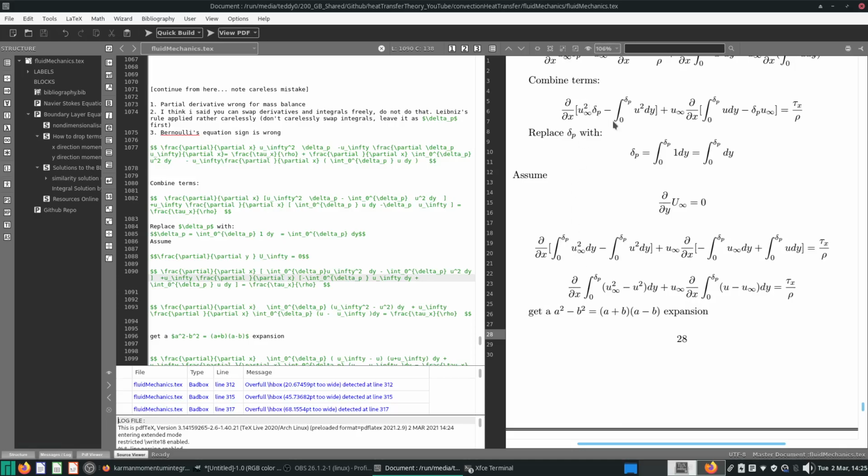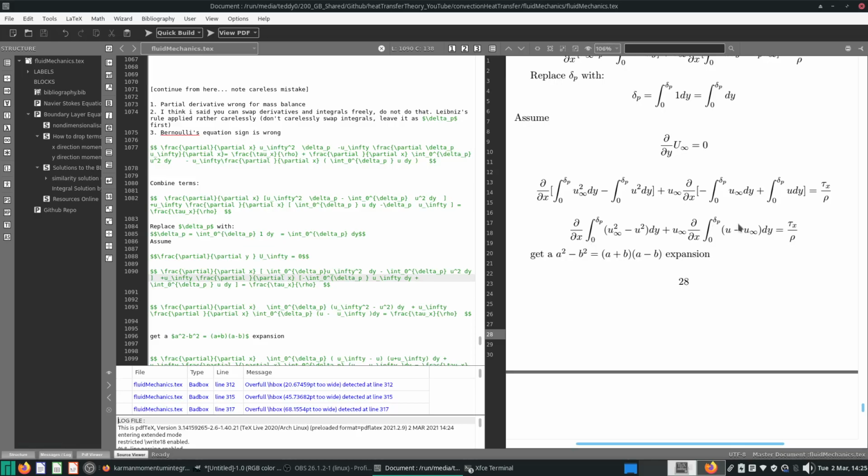If we replace delta p with the integral of 1 dy, we can just bring u infinity squared in. Then of course we can combine these two integrals into one integral because they're the same. I'm doing the same trick over here. So these two will be your terms on the left hand side.